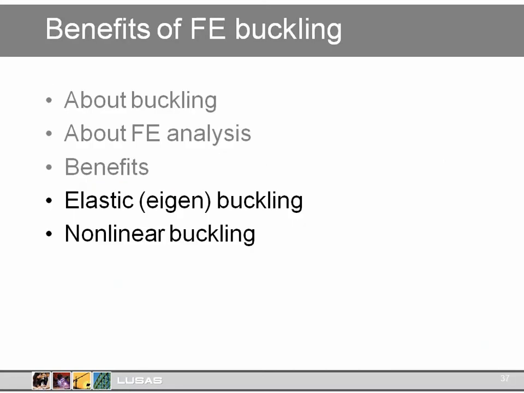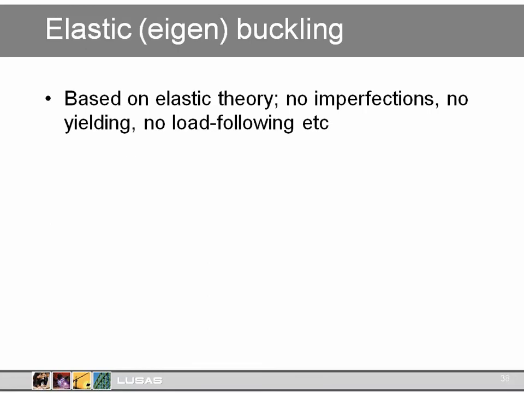Let's now talk about the analytical options: elastic or eigenvalue buckling and nonlinear buckling. Elastic eigenvalue buckling is based on elastic theory, just like Euler. No imperfections, no yielding, no load following, and so on.